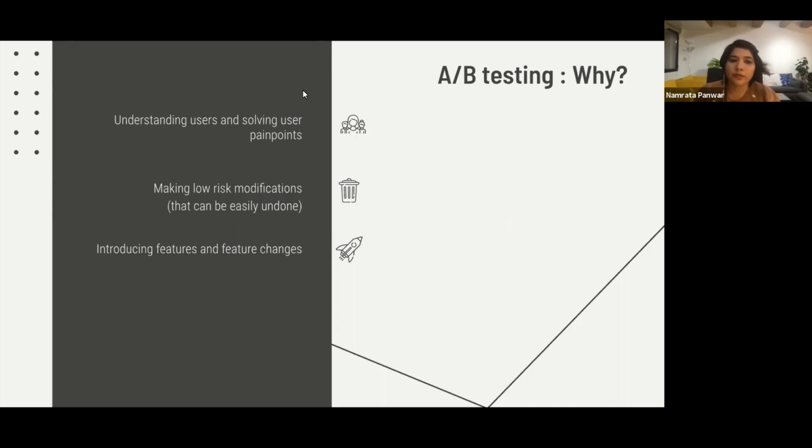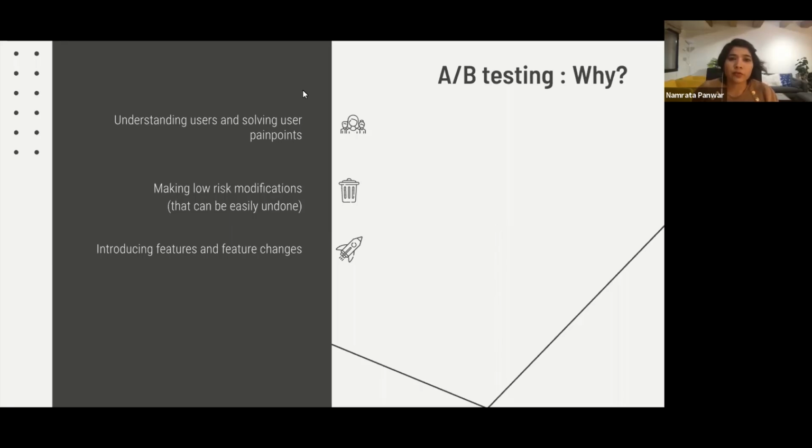The next one, which is about introducing features and feature changes, is an interesting one. Generally, as product managers, we tend to copy-paste features or successes of different products to our product. But in most cases, a feature that was successful for one product doesn't mean it will be successful for the second product as well.